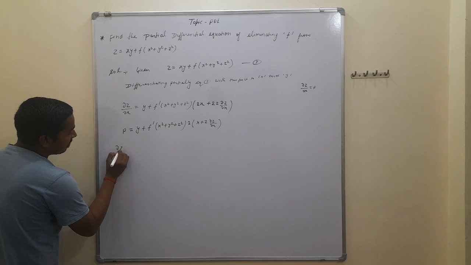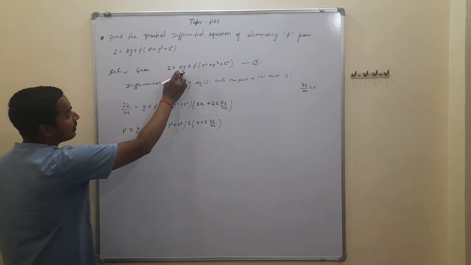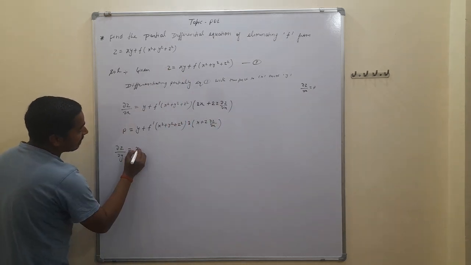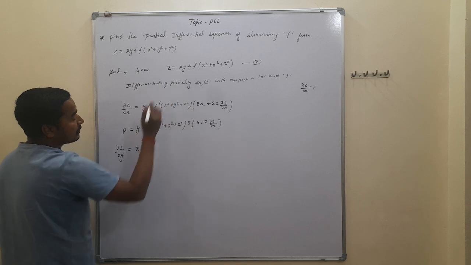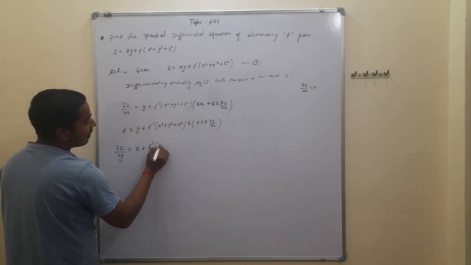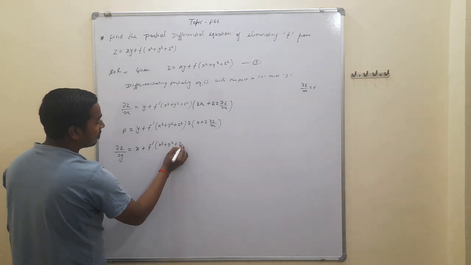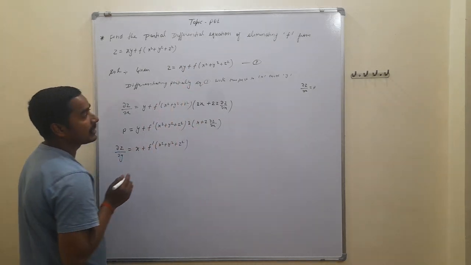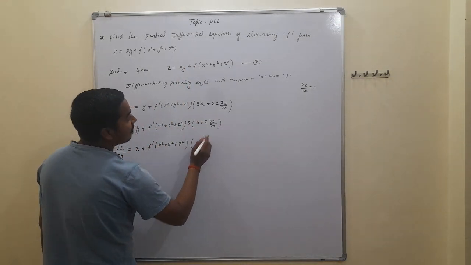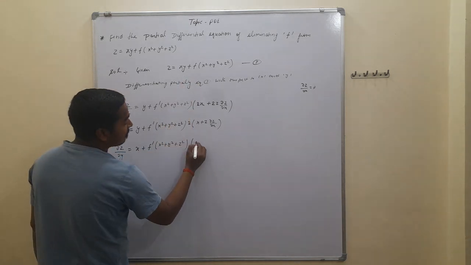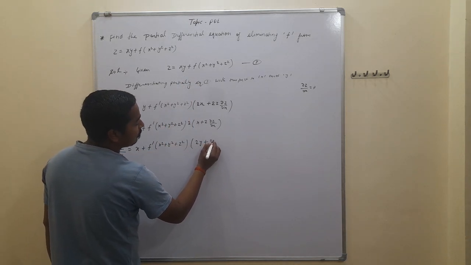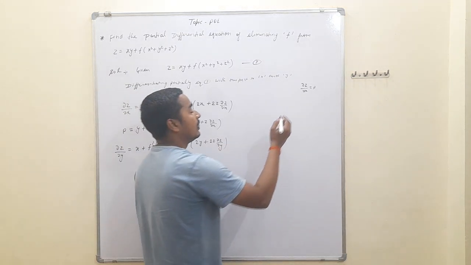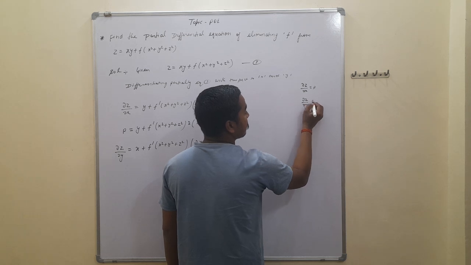This gives ∂z/∂y is equal to, here xy differentiating with respect to y, taking x as a constant, becomes x, plus f'(x² + y² + z²), and again in the bracket x² + y² + z² differentiating with respect to y, taking x as a constant, becomes 2y + 2z ∂z/∂y. And again we put the value, ∂z/∂y is q.